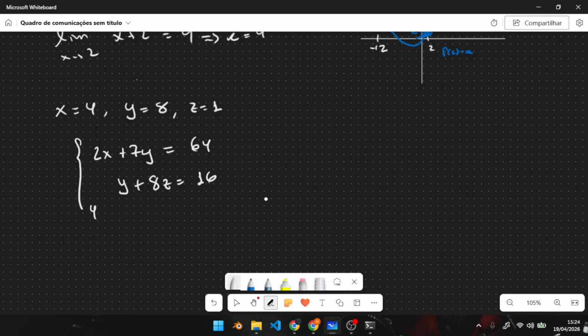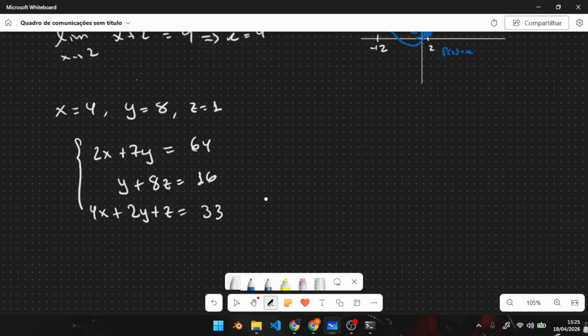And if we take 4x plus 2y plus z, that's gonna give us 16 plus 16, that's 32, plus 1, that's gonna give us 33. Okay, so if we didn't have that, this would be a real system to solve.